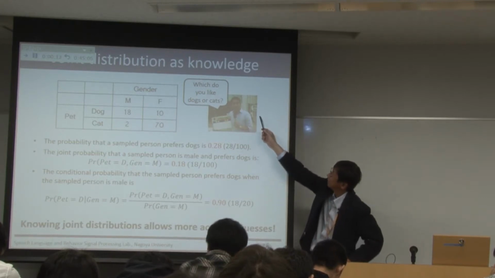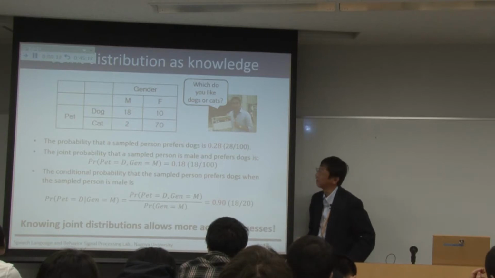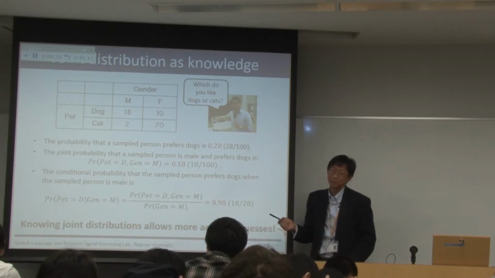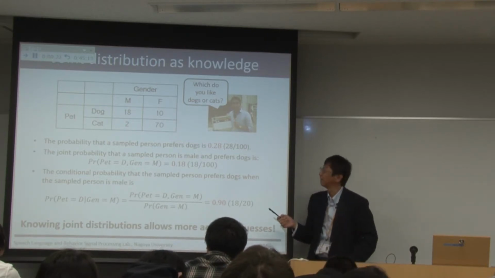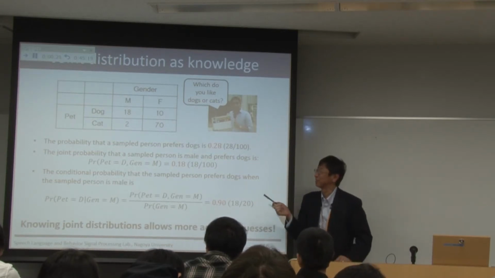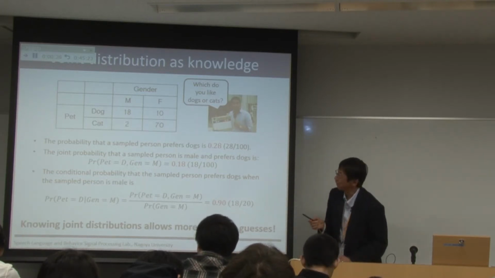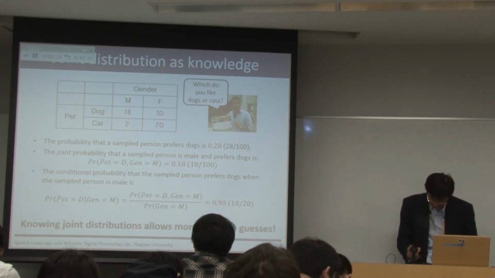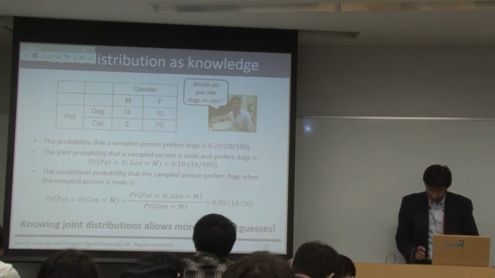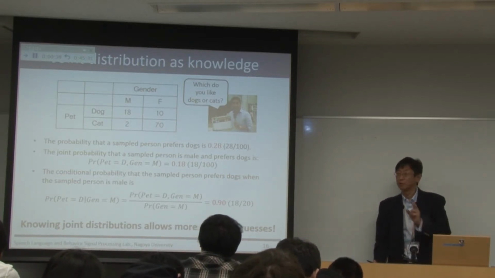So here's a TV guy. He's asking a pedestrian if they like dogs or cats, and he also records whether the person is male or female. And finally, they got these numbers. This is called the joint distribution of two variables.